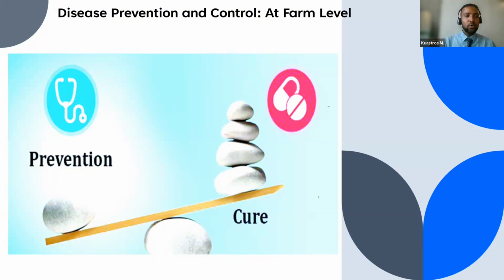Whenever we do an intervention on prevention, it's really worthier than curing or fighting AMR. There are so many things that can be done at farm level to prevent infection. And this leads to not using antimicrobials, because the animals are not sick. We are not going to give them antibiotics.